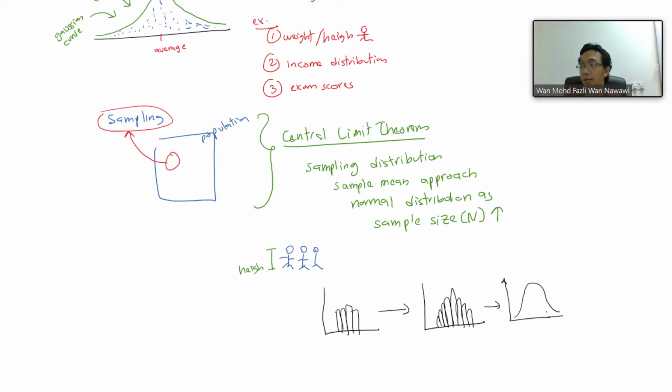So this is basically what we call the central limit theorem. They say that the sampling distribution will approach the normal distribution as the sample size increases. So what has this to do with the DOE?